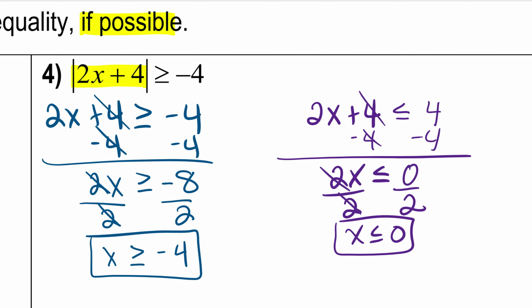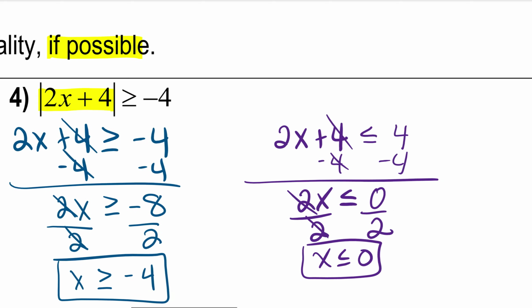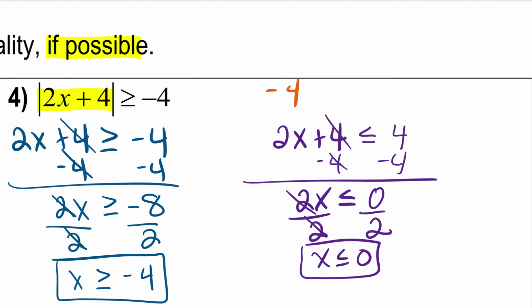Alright, so again, we can write this the other way. I could do negative 4 less than or equal to x less than or equal to 0. Sweet. Oh, except I forgot one thing.